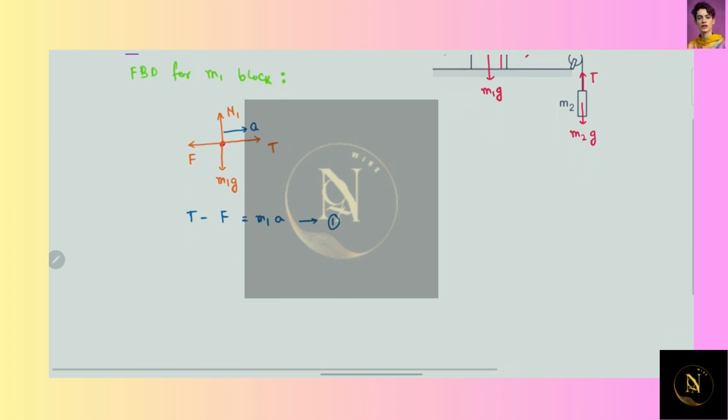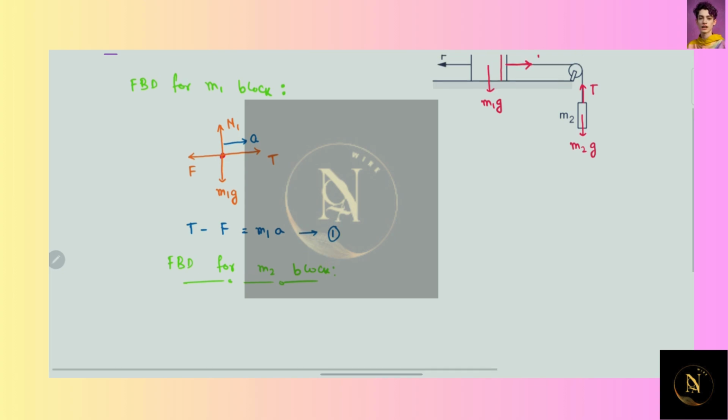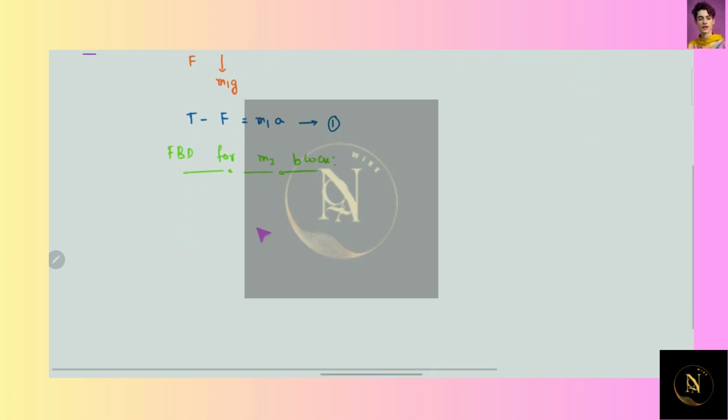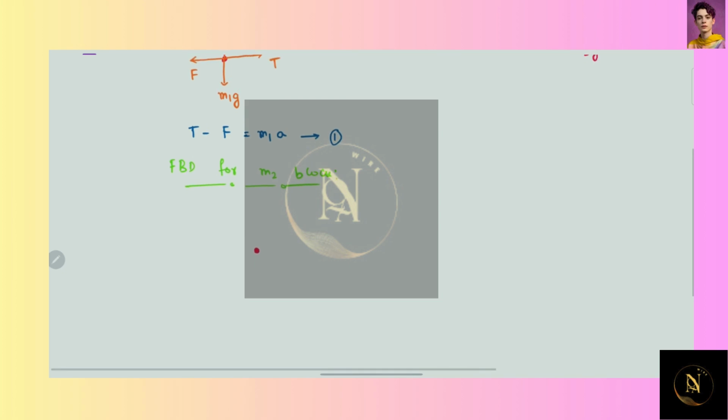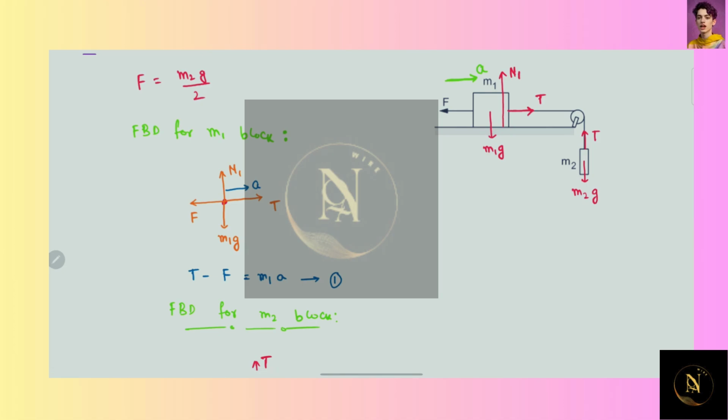If I want to draw the free body diagram for m2 block, FBD for m2 block, m2 block has to be replaced by a point. So let's say this is the m2 block. On this m2 block, the downward force acting is m2g, and the upward force acting is T. And as m1 block is sliding forward with the acceleration a, and as the string is inextensible, m2 block is also going to slide downward with the same acceleration a.